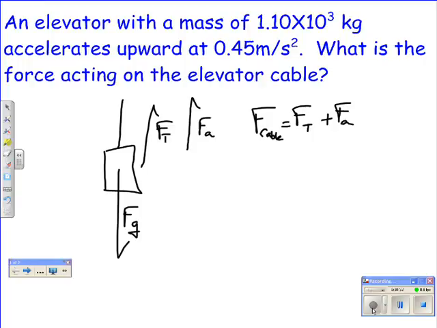Now, the force of gravity, we know that this force and this one are the same. Those are being balanced off by each other. So we can say that the force in the cable is equal to the tension force, or the force of gravity, which is mass times the acceleration of gravity. Mass times the acceleration of gravity is weight.